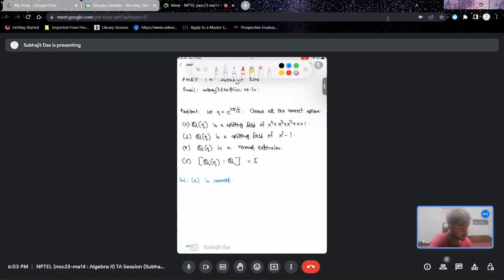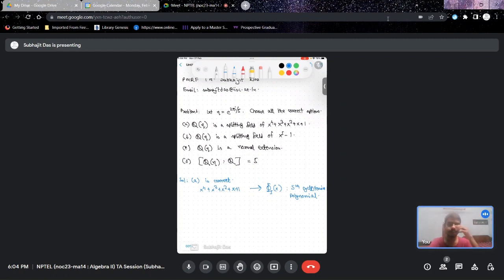because the polynomial x to the power 4 plus x cube plus x square plus x plus 1 is precisely phi 5 of x, in other words the fifth cyclotomic polynomial, right?